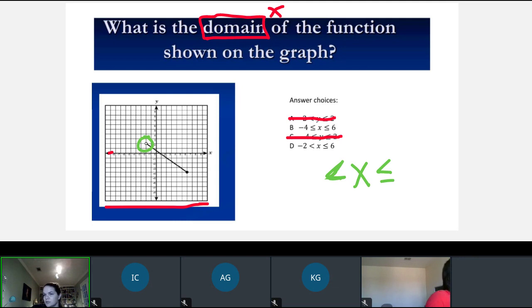That open circle is at this value of -2. Then I go to my other endpoint, which is right here. It's a closed circle, so I'm going to do my less than or equal to sign. And that value is at 6. So that's how I got D for my answer.